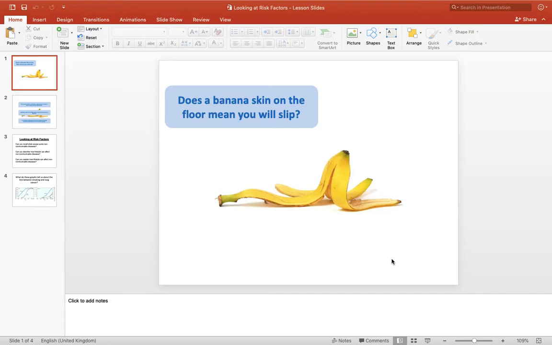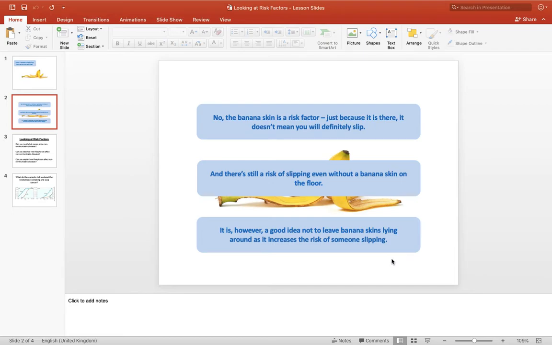Okay, so you should have had a thought about that question, and you should have your own ideas about what you think. However, just because there is a banana skin on the floor does not mean you will slip. I'm sure somewhere in the world right at this moment there is a banana skin on the floor. Okay, if you went to Australia, I'm sure somewhere in Perth there's a banana skin on the floor. But that doesn't mean I'm going to slip.